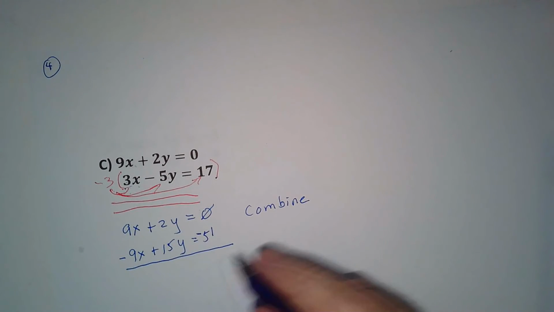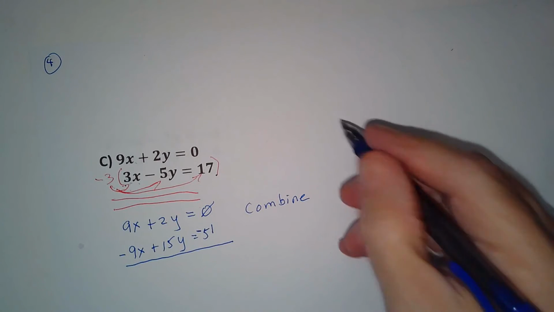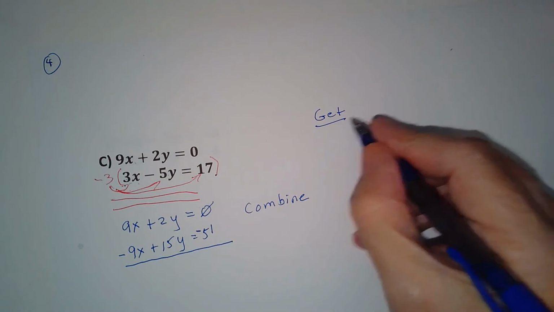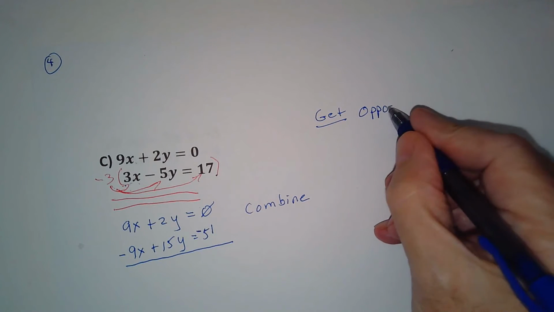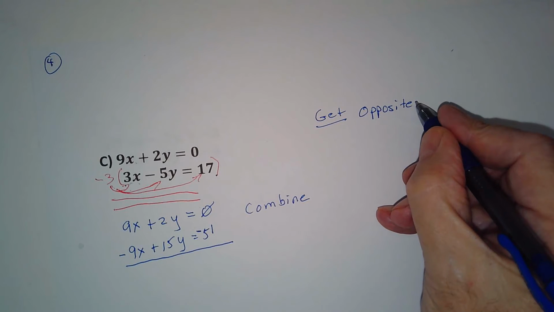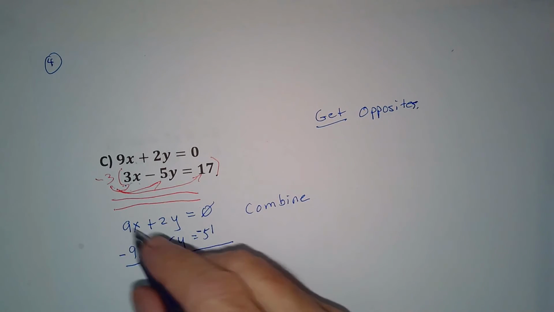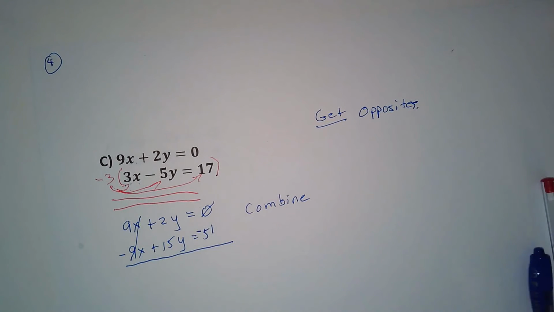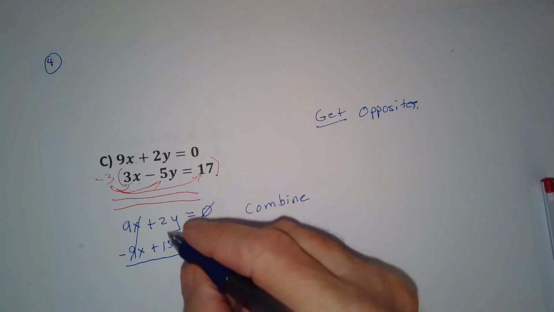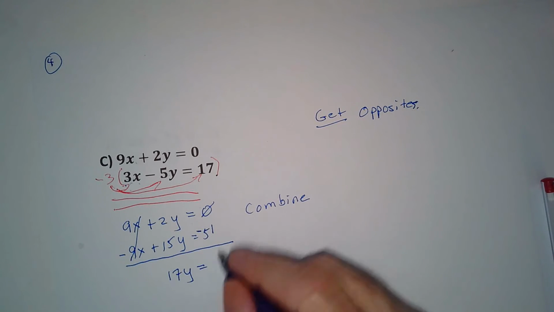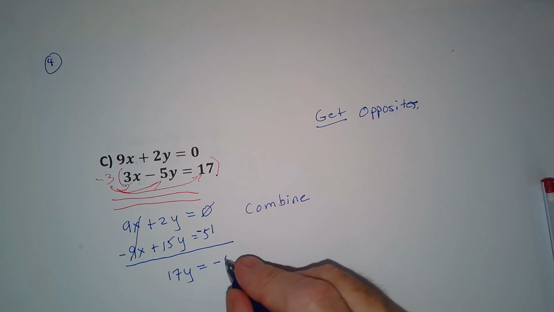So combine the two equations now, all right? Okay, and so now we have some opposites. So that's what we want. We want to get opposites. Okay, so here's our opposites over here. So 9x and negative 9x cancel. And 15 and 2 makes 17 y's, and that equals 0, and negative 51 is negative 51.